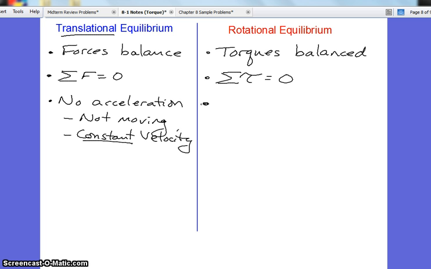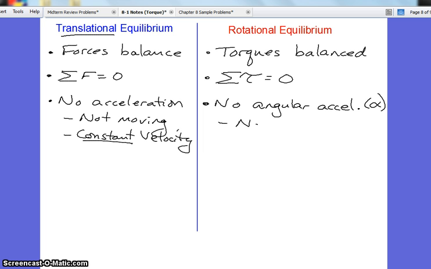Now, it still means that there's no acceleration. But in this case, because it's rotating, we say there's no angular acceleration. That's your alpha. So there's no angular acceleration. So how do we know if there's no angular acceleration?